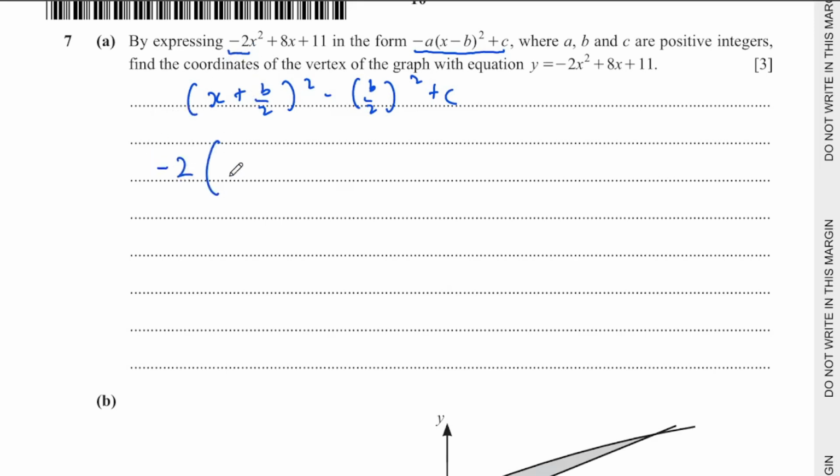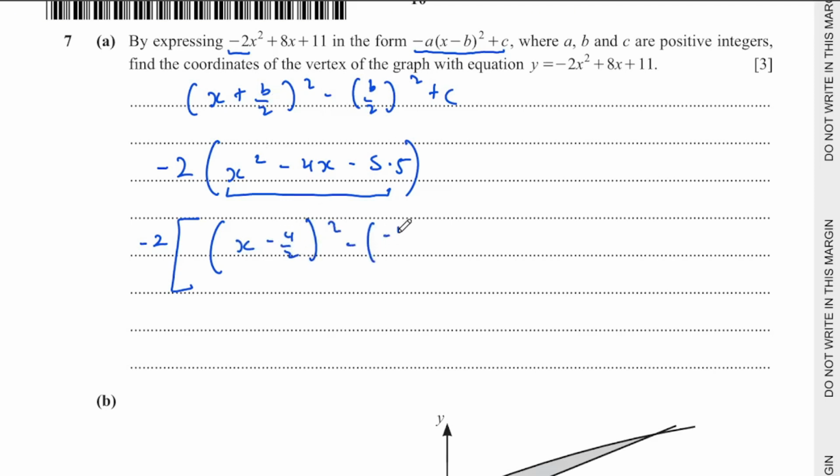So negative 2 times (x squared minus 4x minus 5.5). I factored out, and now inside here a is 1. So negative 2, put in our formula, (x minus 4 over 2) squared minus (negative 4 over 2) squared minus 5.5.